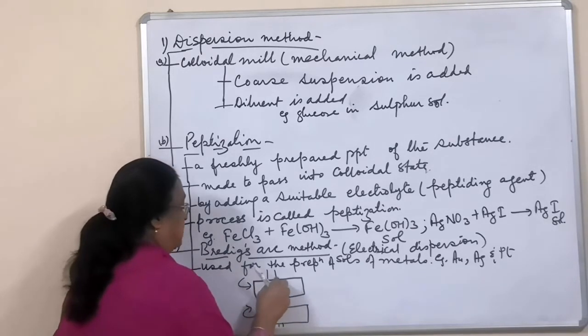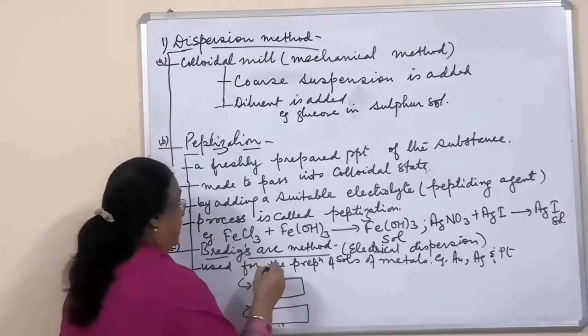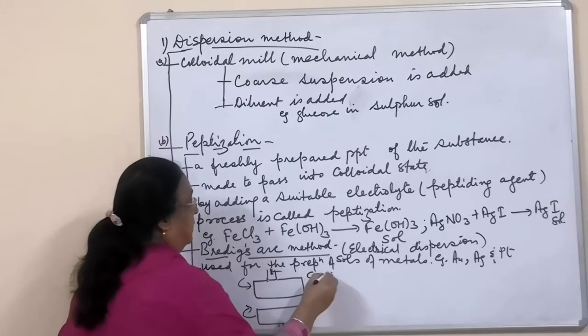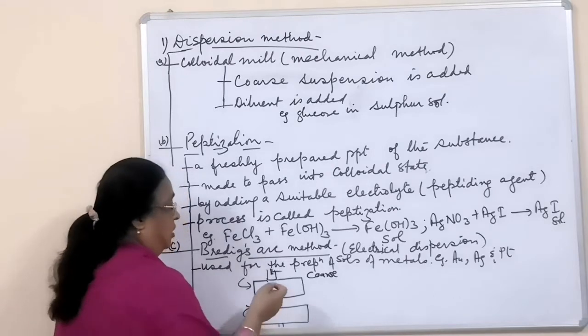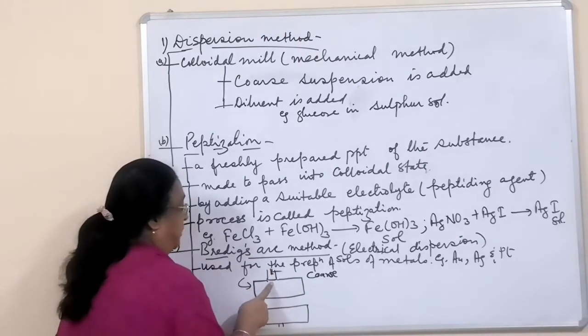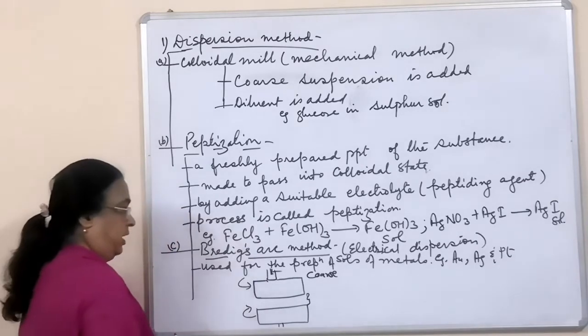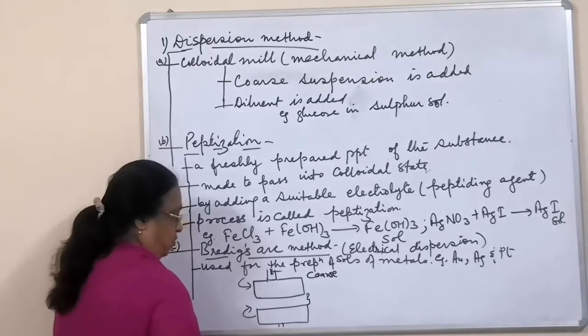And from here is the opening, just like the mill you must have seen where wheat is ground. From here the coarse suspension, which has bigger particles than 1000, is poured, passes through and comes in between these two discs. This gap is adjusted according to the size required, between 1 to 1000 nanometer.